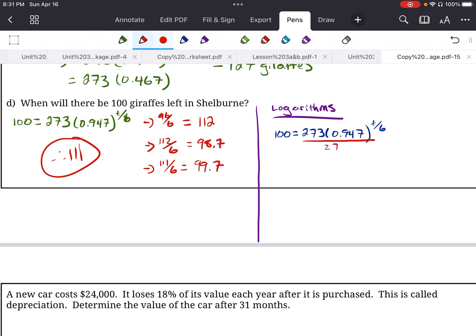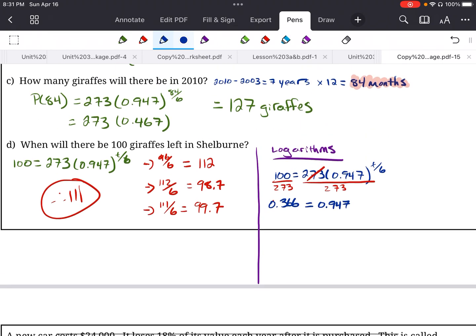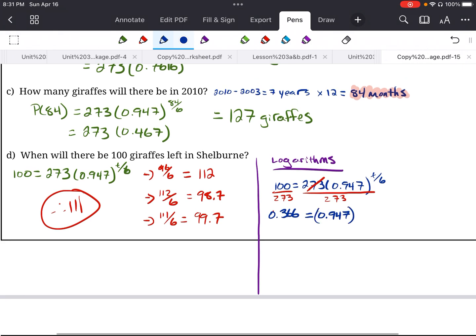So we're going to divide both sides by 273. Okay, and that gives us 0.366 equals 0.947 to the power t over 6.